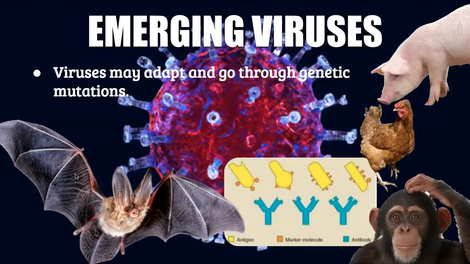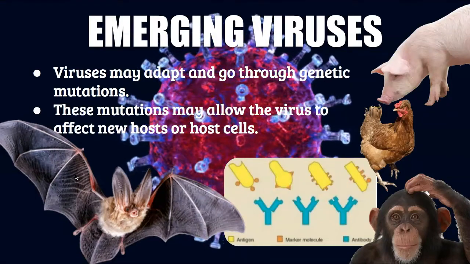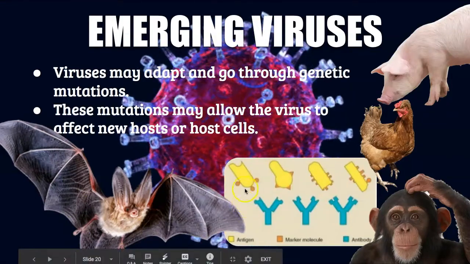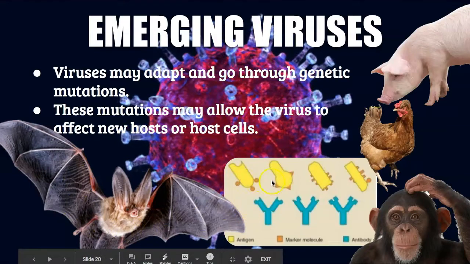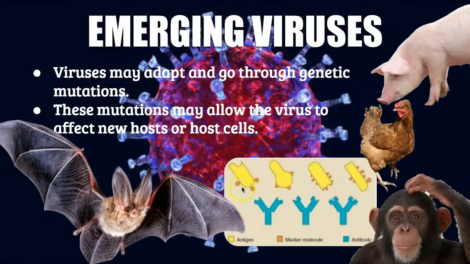Well, sometimes those mutations may allow the virus to enter a new host. So maybe the DNA that it's coding for, for example, gives it these little marker molecules. Maybe that's what the virus is.